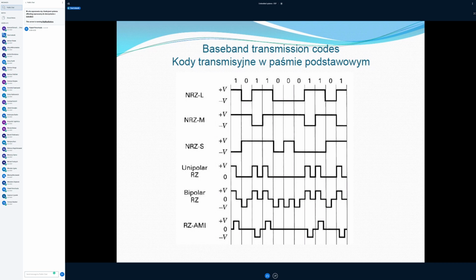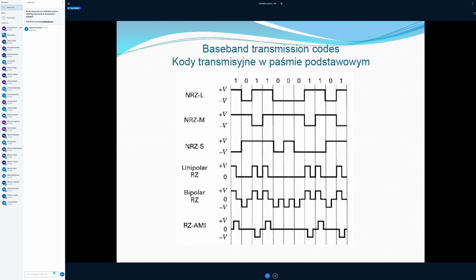There were a lot of very interesting codes that were used, for example, at the beginning of electronic telephone switch centrals.